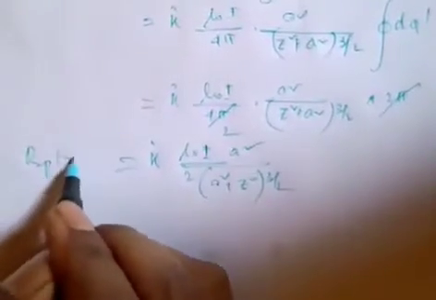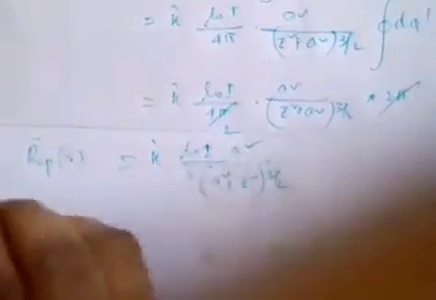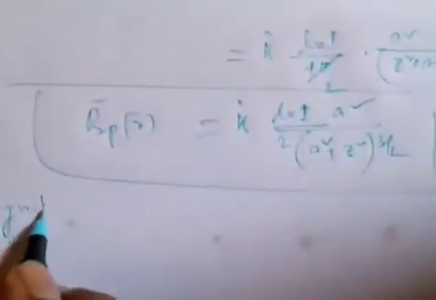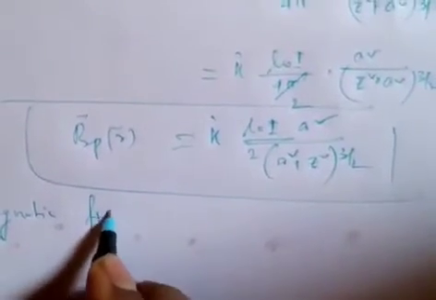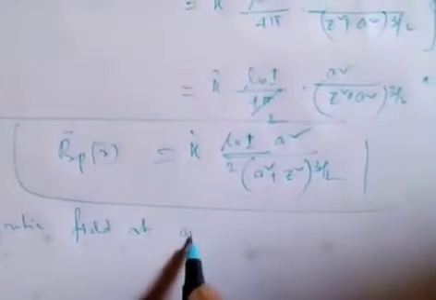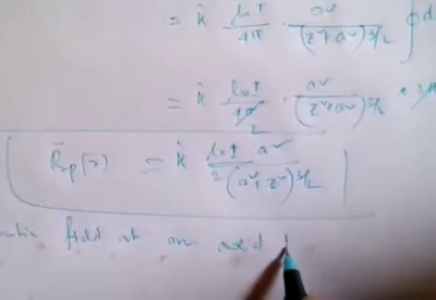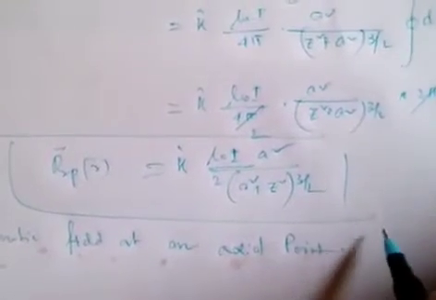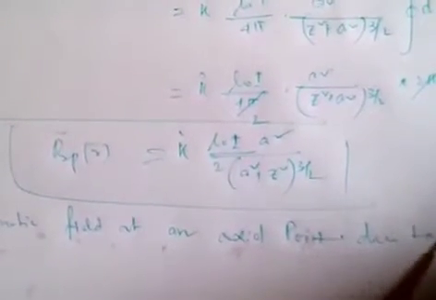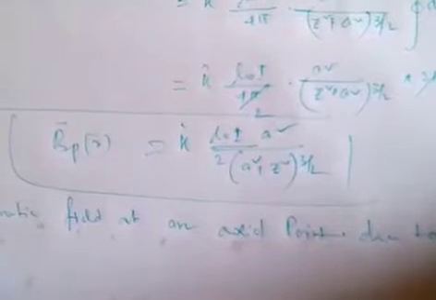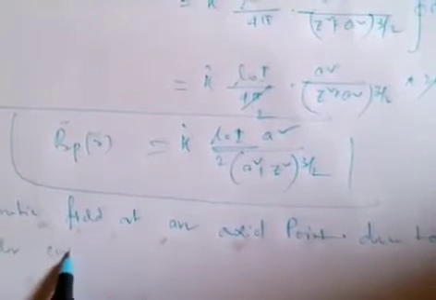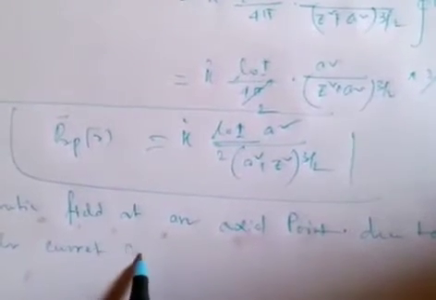This is the magnetic field at an axial point due to a circular current carrying wire.